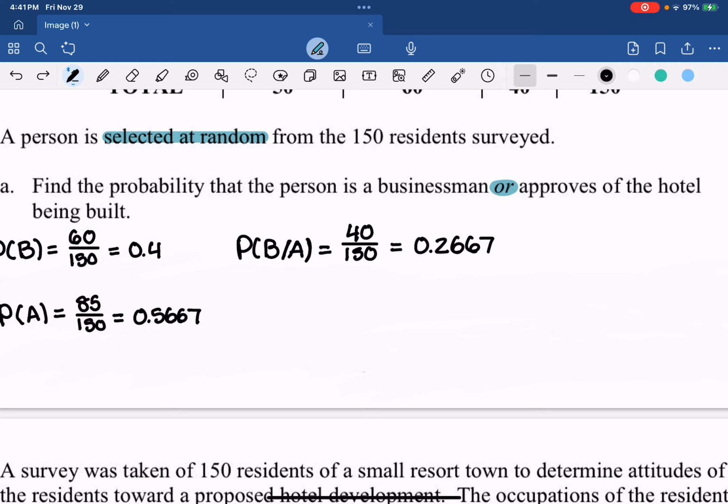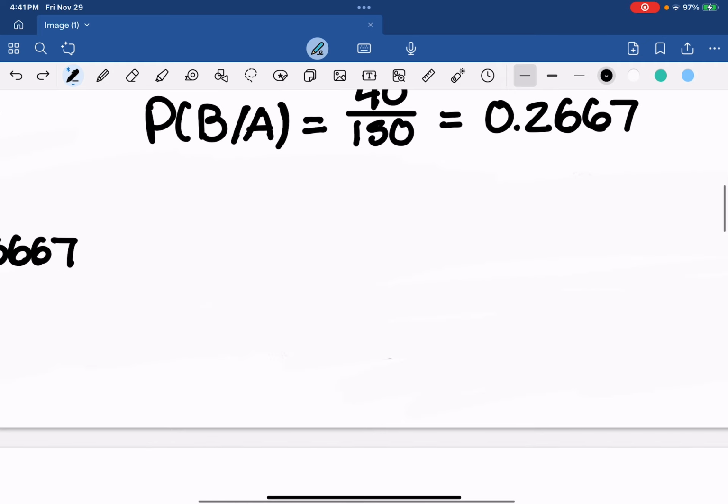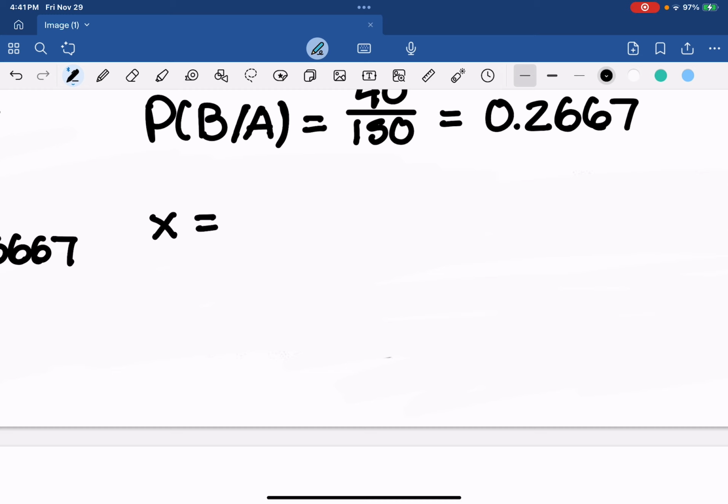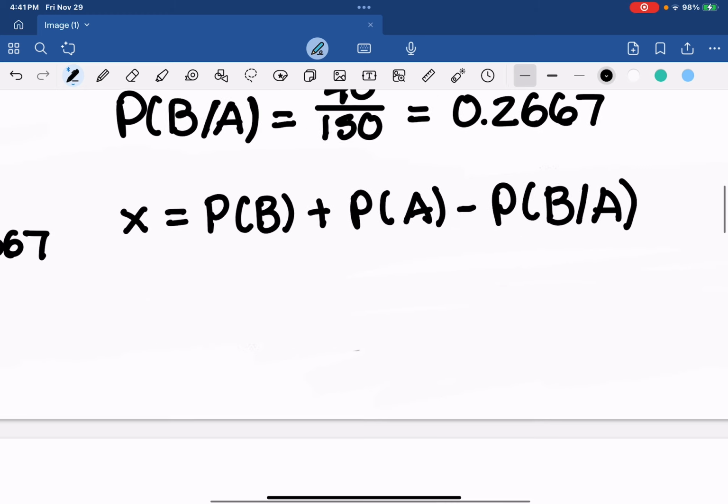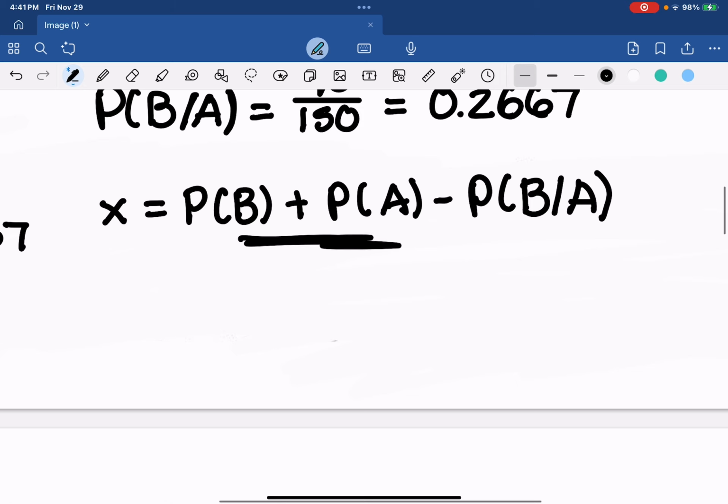So that's the inclusion-exclusion principle. To do this, I'm going to write down X for our final. So we need P of businessmen, and we need P of approved, but we don't need the person to be both a businessman and approved. See, we're excluding that. We need these two, but we don't need that. Okay, so then we plug in our values.